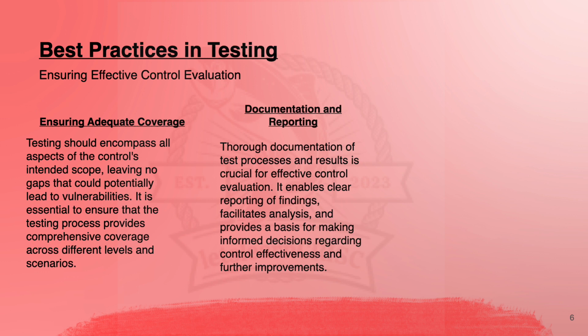Think of documentation as keeping a logbook for a scientific experiment. It records all the steps taken, observations made, and results obtained. So this thorough documentation ensures that others can understand and replicate the experiment, just as it helps in understanding and improving control testing processes, right?